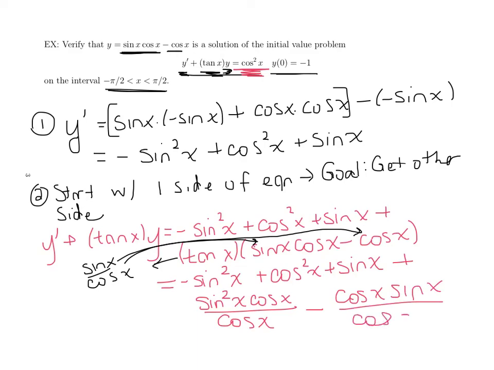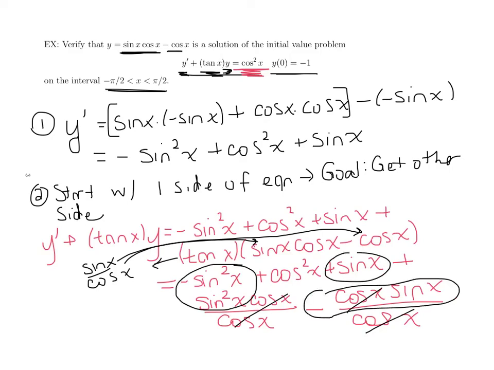So if we have all of that, you'll see that some stuff will cancel. These cosines will cancel, and then I believe these sine squareds will cancel here. And then also plus sine of x, and this ends up being minus sine of x, all cancels. So it looks like everything cancels except cosine squared, which is exactly what we were hoping for.